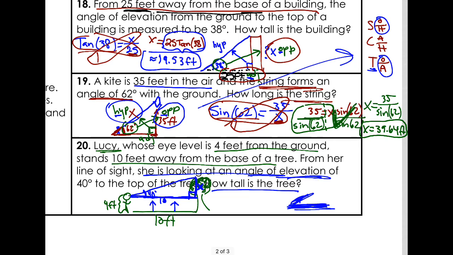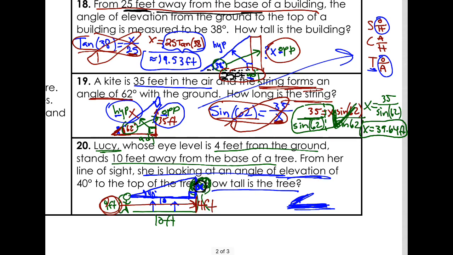We still have some distance right here that we do know, if you look at it, we know that her eye height is 4 feet. So that can transfer over here. So now once we find x, you've got to realize the attack here. Once we find x, we're able to add that to the 4 feet that we already know, and that'll give us the total height of the tree.